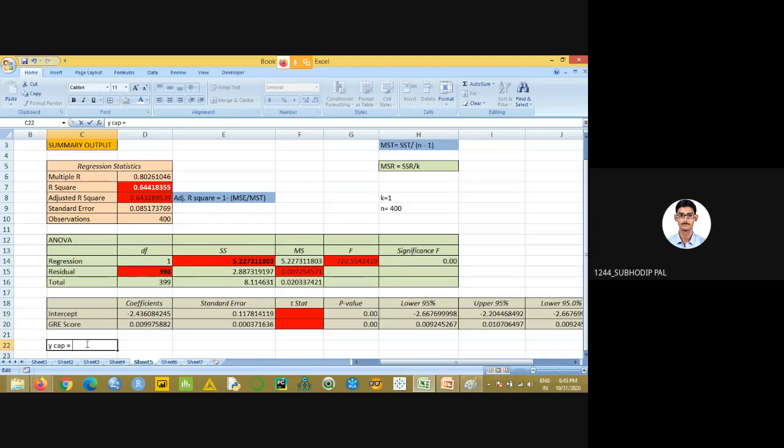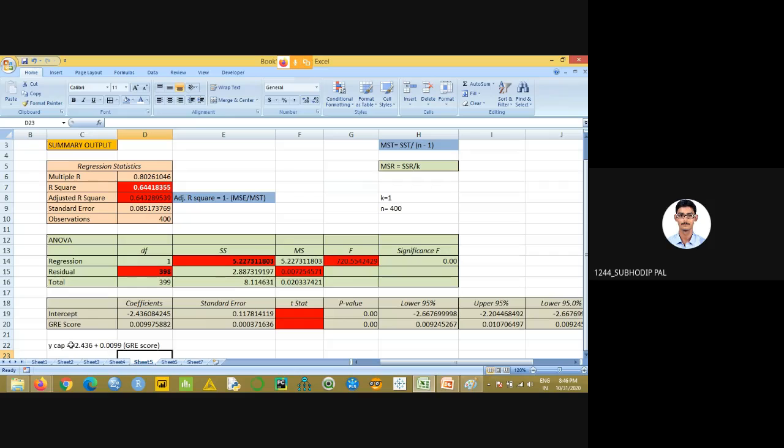So my regression equation will be what? Intercept, right? First B naught. B naught is the intercept: minus 2.436 plus 0.0099 times GRE score, right?